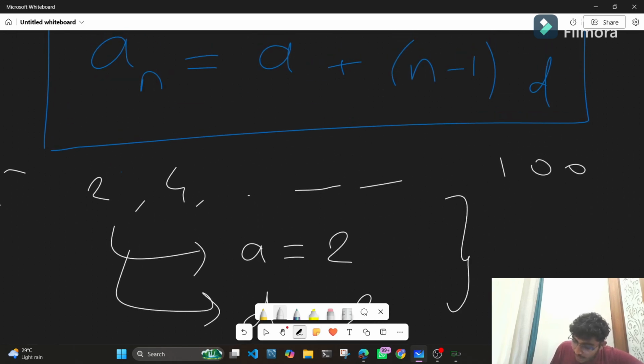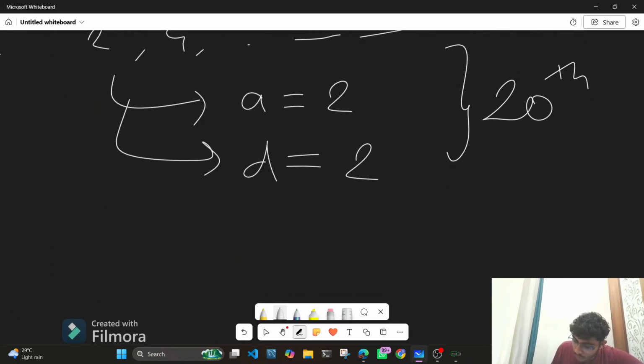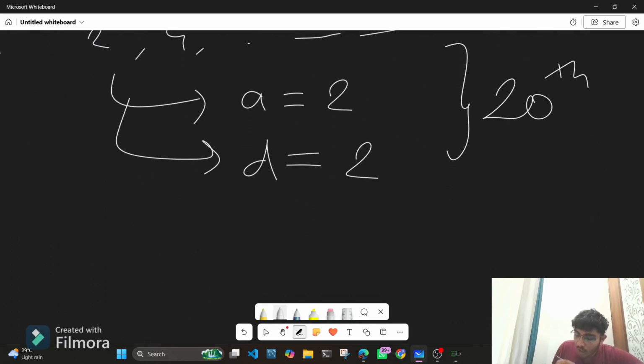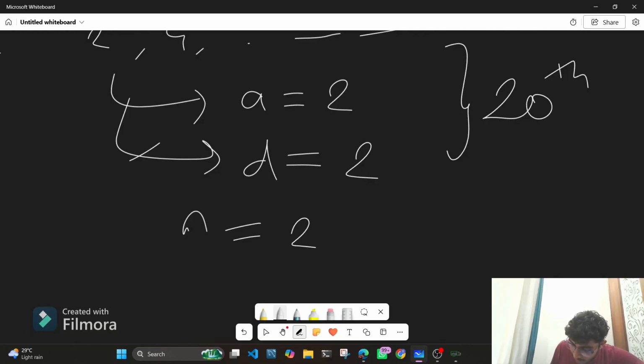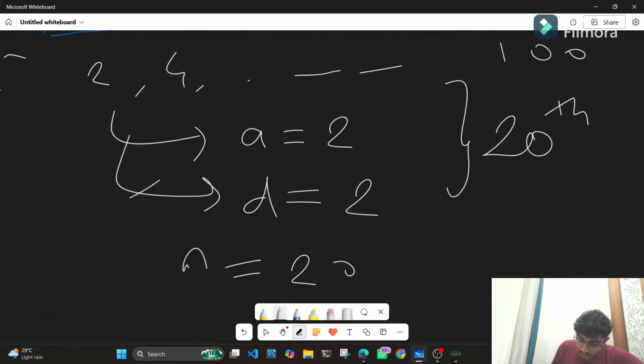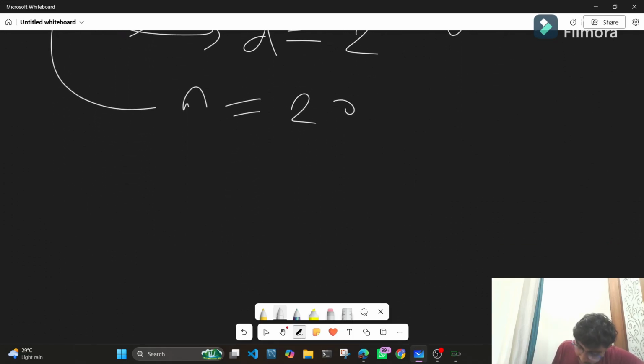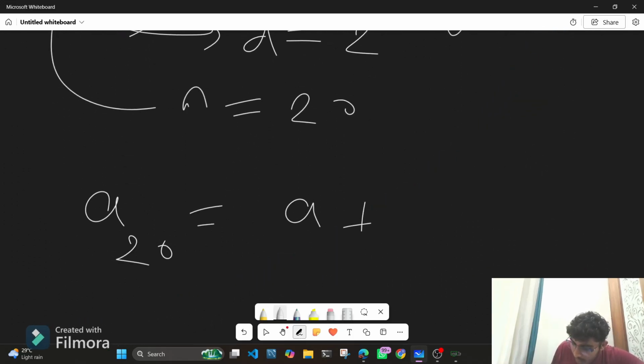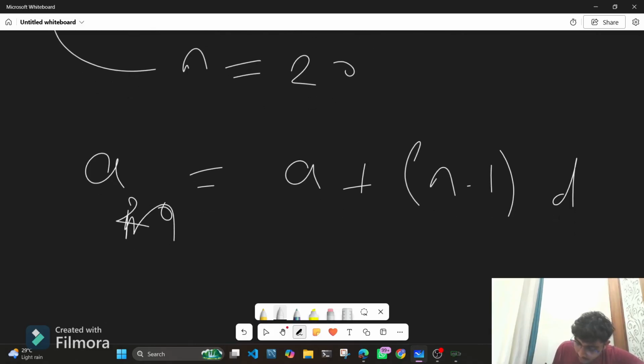What we need to find is the 20th term. So in this case our n will be 20. So what if I just put 20 in the place of n in this formula? So basically a_n is equal to a plus n minus 1 d.